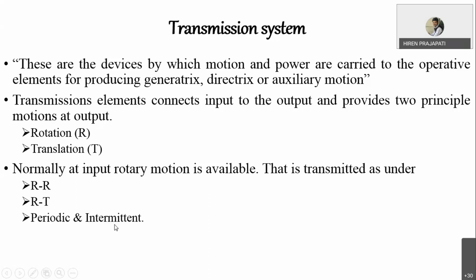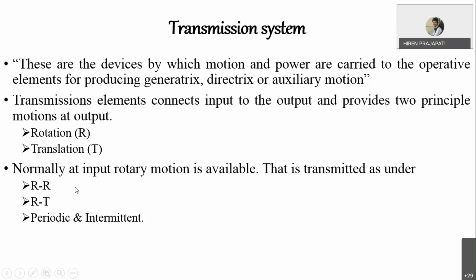Like the intermittent motion you get in a shaper machine, right? Where you give intermittent motion to the workpiece table. That is the directrix in a shaper. Clear?